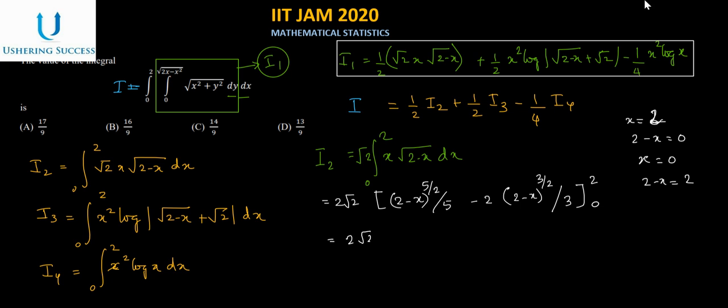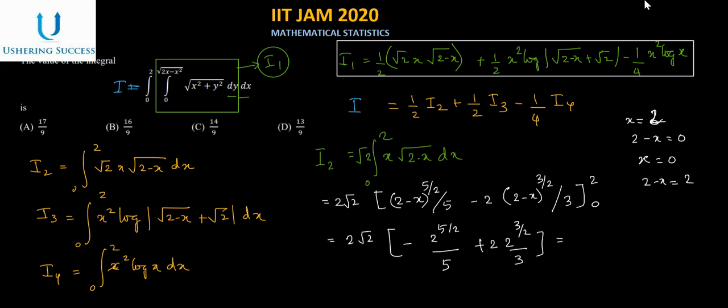So 2 root 2 into minus of 2 to the power 5 by 2 whole divided by 5, minus of minus 2 means plus 2 into 2 to the power 3 by 2 whole divided by 3.